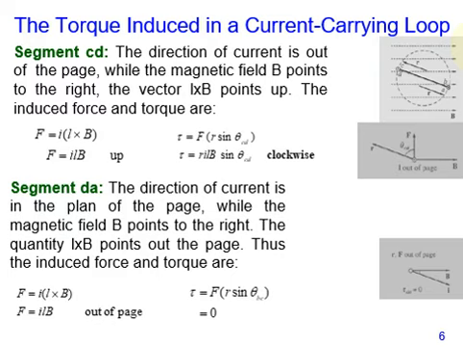The quantity L cross B points out of the page, therefore the induced force on this segment of the wire would be I L cross B, and ILB would be out of the page.